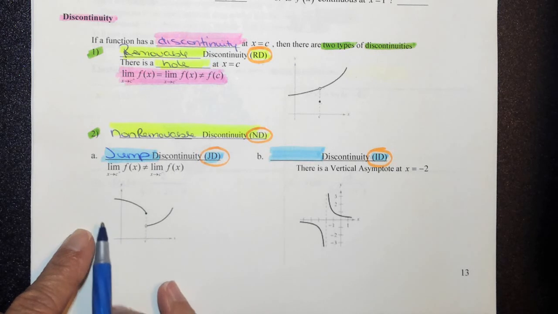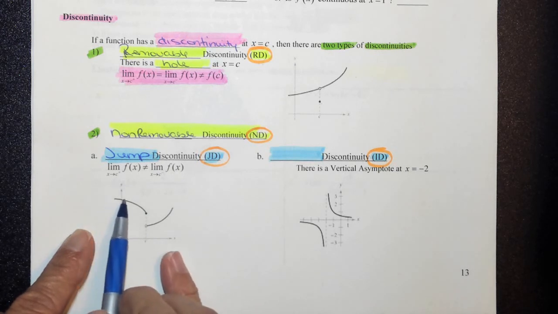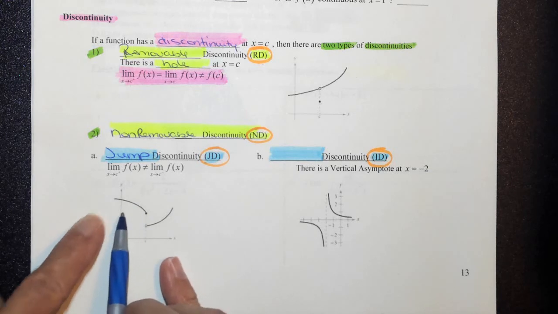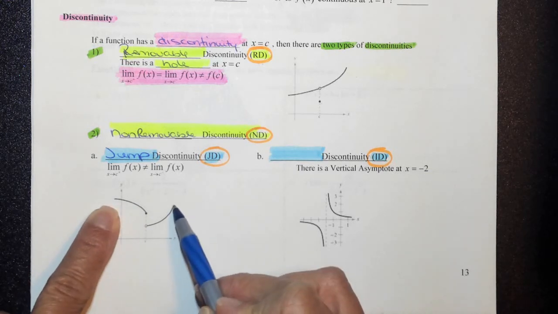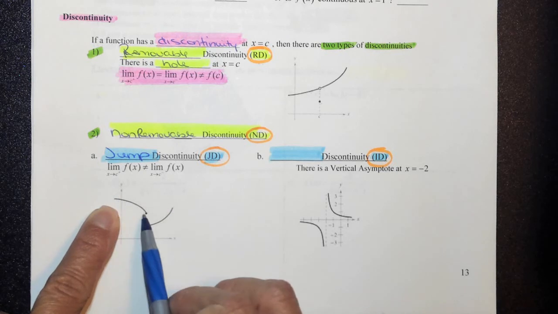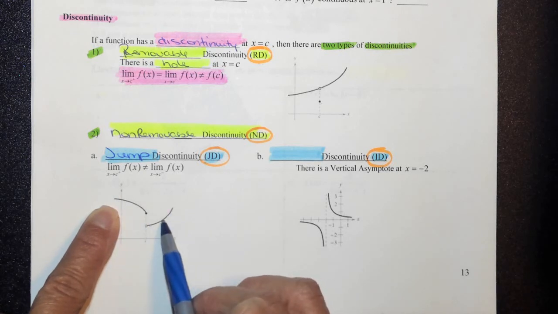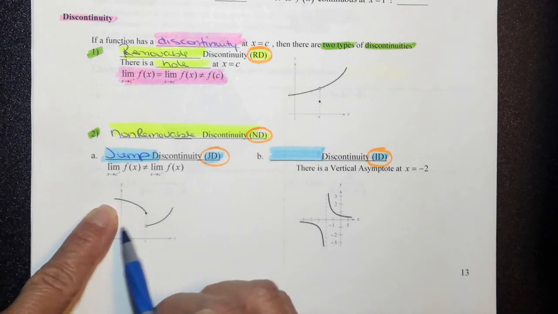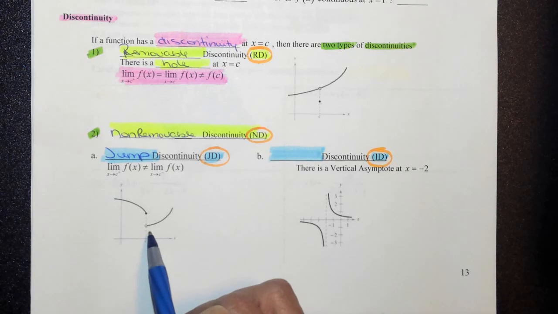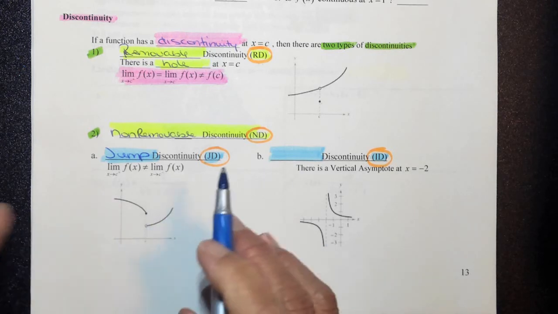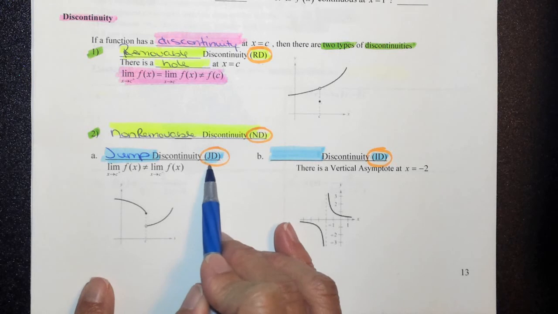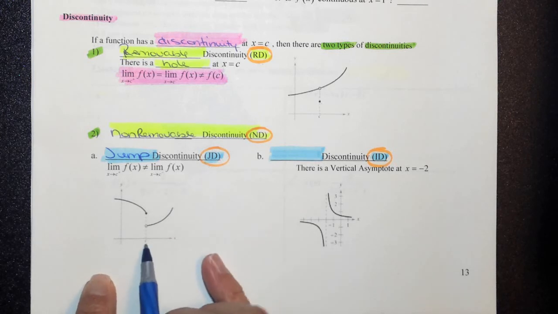Here, whatever this number is, if I have the limit as x approaches c from the left, I'm up here, let's say at 4, and then the limit as x approaches c from the right is down here at 2. They do not match up. So in this case, the limit does not exist, and you would state that you have a jump discontinuity at x equals whatever that number is for x.